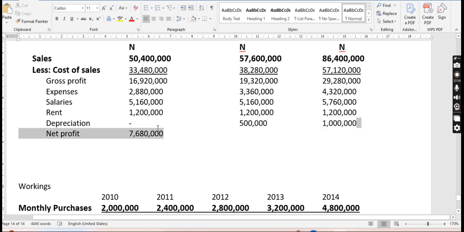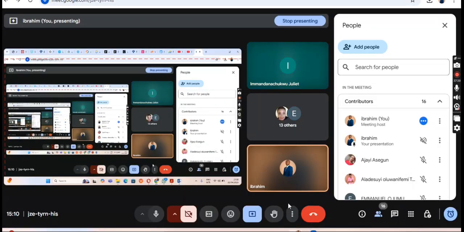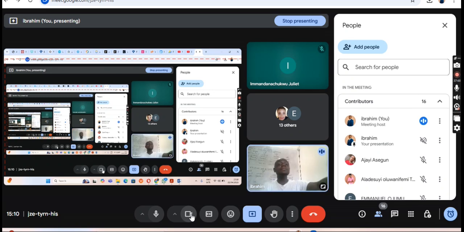Sir, please, can you explain this depreciation part again? You did financial reporting. You purchased an asset in February. At the financial year end, which is December, will you charge depreciation for the full year?